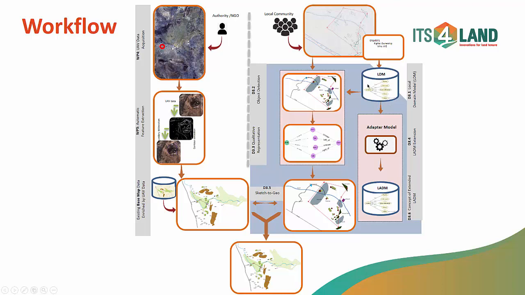The local domain model specifies concepts and relationships in a common ontological perspective so that different sketches can be compared and automatically interpreted by the system with a uniform conceptual language.